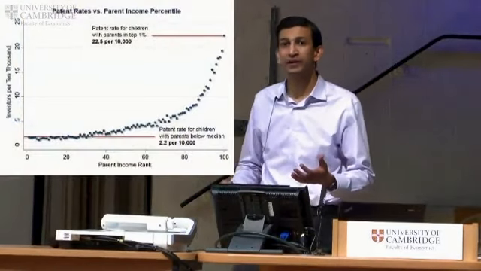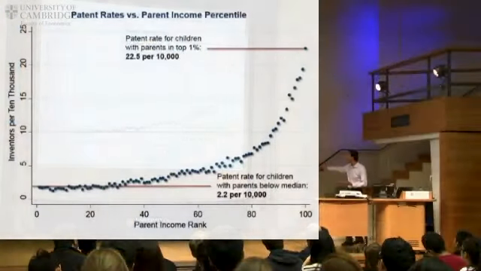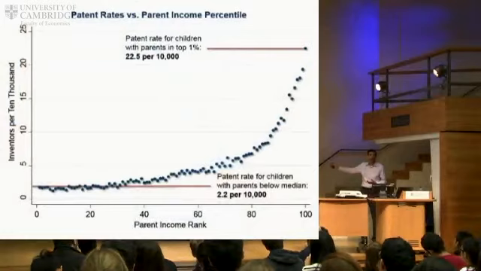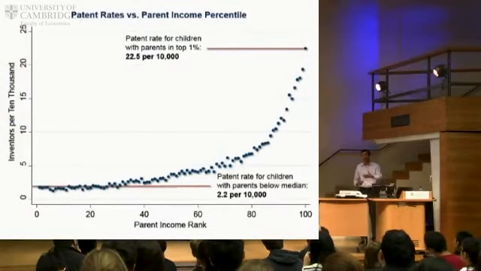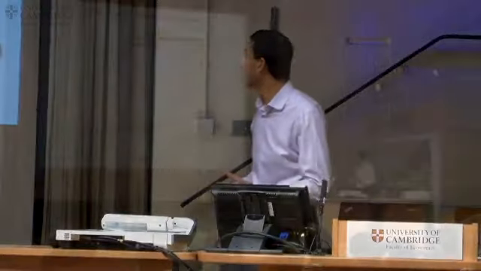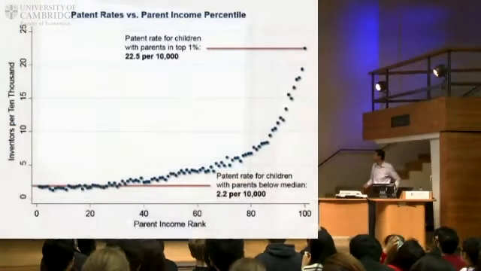It could also be because of differences in ability and differences in genetics, right? Surely there's some genetic transmission such that parents who are higher income have higher ability kids, and maybe those kids are just more likely to invent something because in a sense they're smarter and they have better genetic ability.